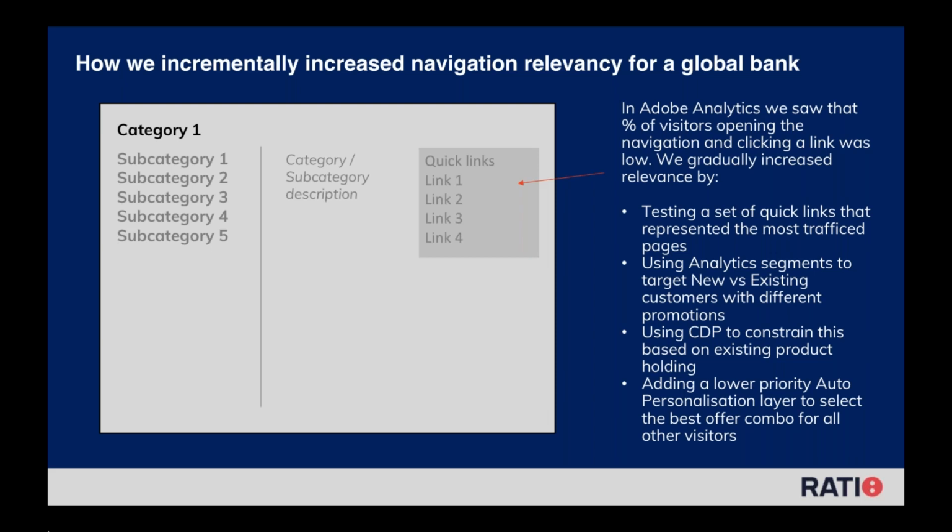And so what we did again was to go back to Adobe Analytics and to create audience segments of new versus existing customers, and to look at the product and content engagement within that category on that basis, i.e. new customers likely to look at different content than existing customers. Lo and behold, the answer was yes.